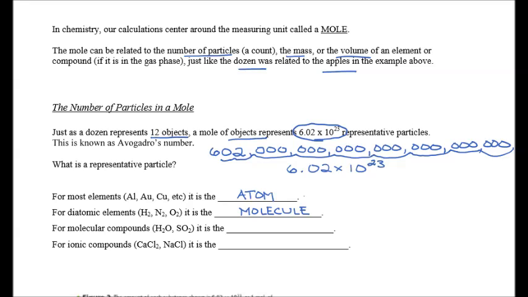For molecular compounds, two nonmetals bonded together, it is also a molecule. If you are ionic, the representative particle, the basic unit for a metal and a nonmetal, is the formula unit.